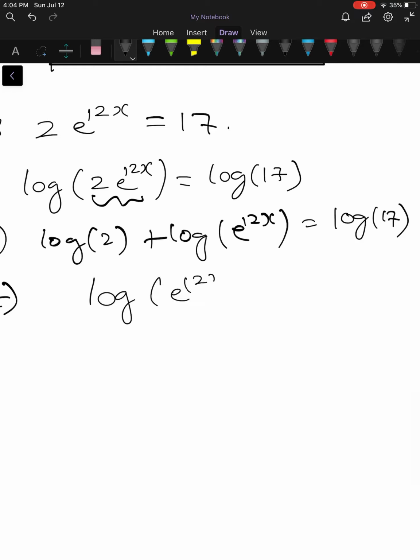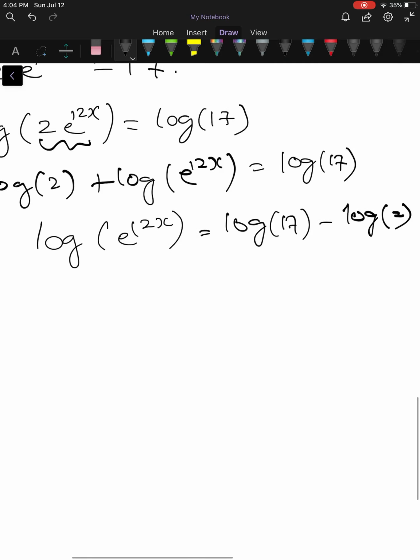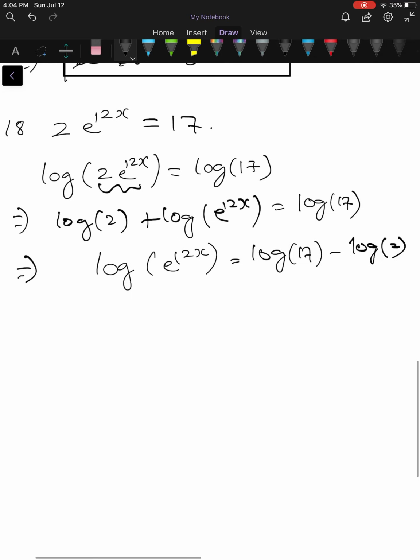So this implies if you take log of 2 to the other side of the equation, that would be log of 17 minus log of 2. Further, you can rewrite this term by multiplying the power with the log of e.